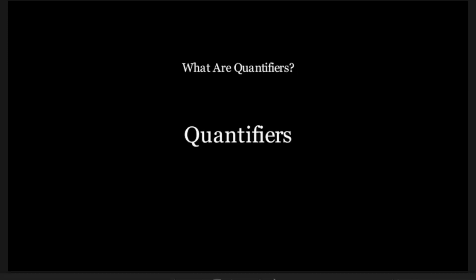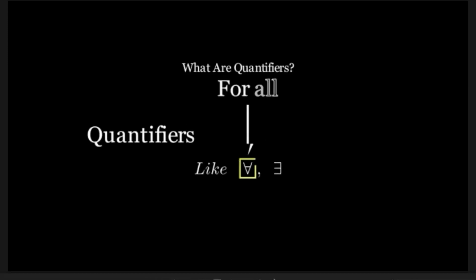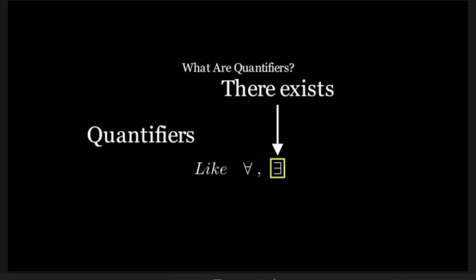There are two types of quantifiers which I'm going to show. One is for all, which is also called the universal quantifier. Second is there exists, which is called the existential quantifier.